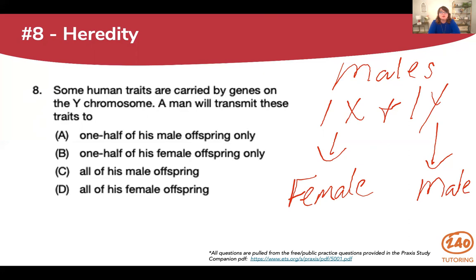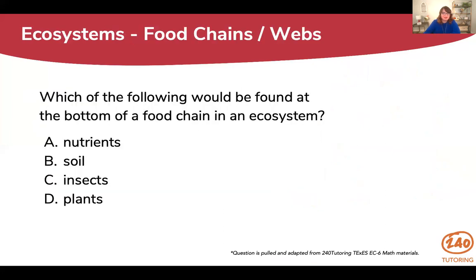A man will transmit these, the Y chromosome traits, to all of his male offspring, because the Y is transmitted to male offspring. So X is female, Y is male. Hopefully you can remember that. X is female, Y is male. Okay? So the male passes the Y to the male and the X to the female. All right? We can go a lot more in depth, but that would take much longer than we have here today. So if you remember that tidbit of information, you should be okay.